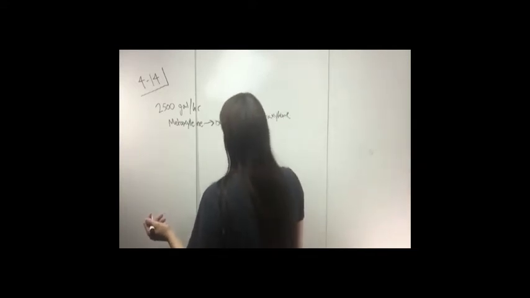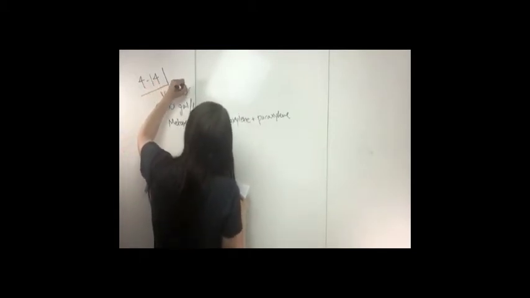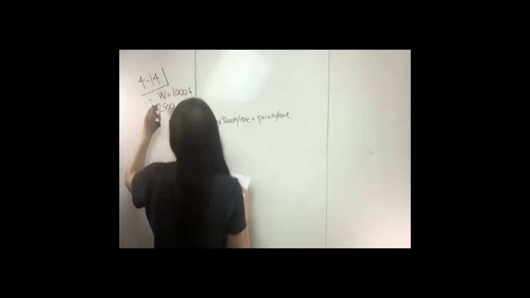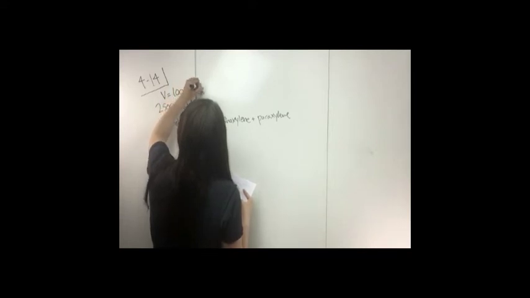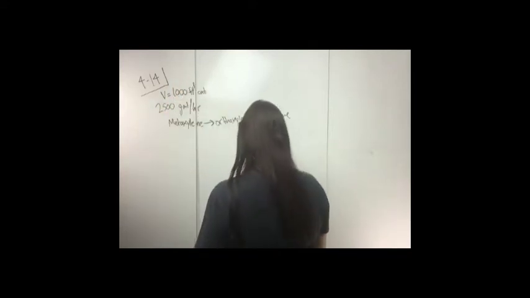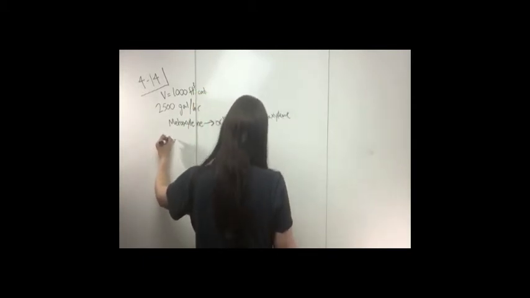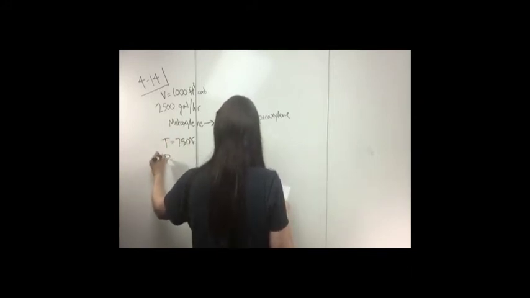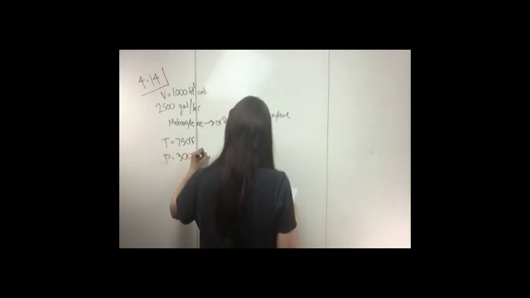And the volume of the reactor is 1,000. Actually, sorry, it's the volume of the catalyst. So it says you have 1,000 cubic feet of catalyst, and the temperature is 750 degrees F, and the pressure is 300 psi gauge.